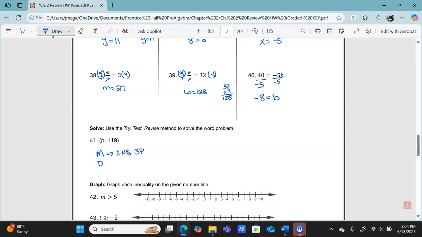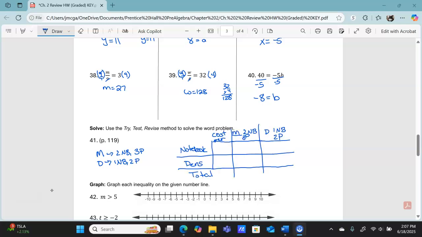And Danilo, I don't know how to say that, bought 1 notebook and 2 pens. So let me set up a table here. Okay, I need her total to be 1450 and his total to be 750.